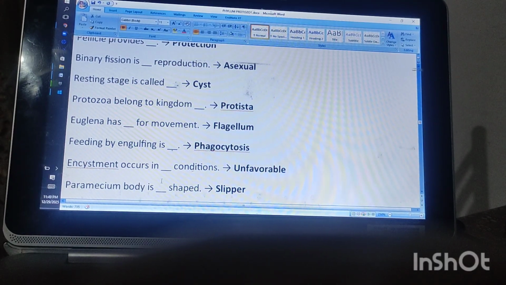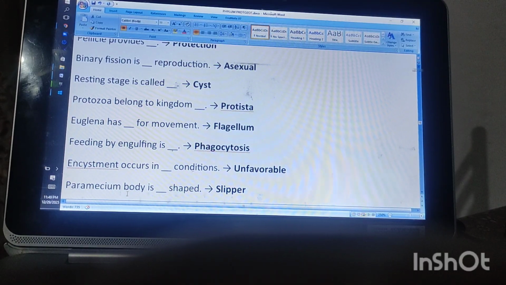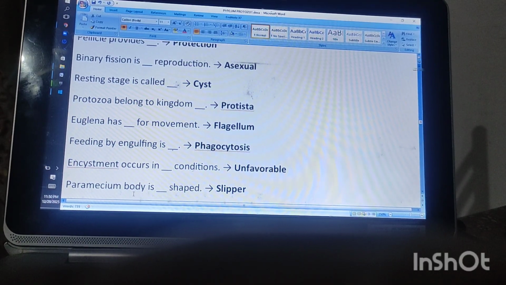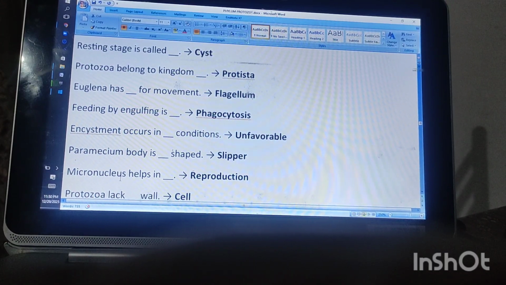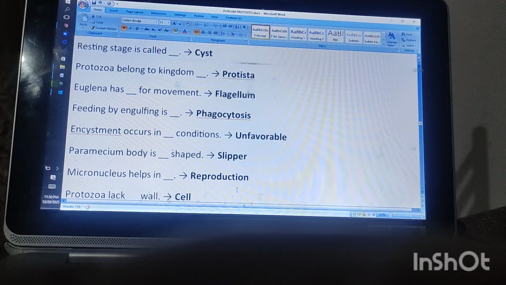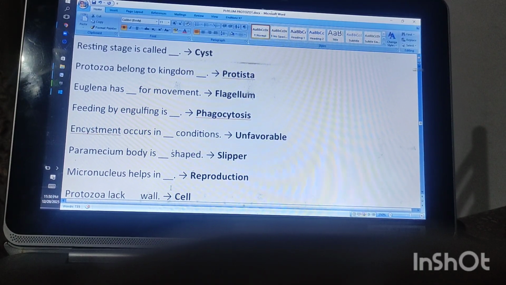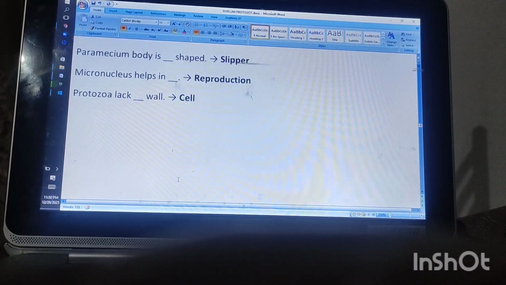Encystment occurs in dash condition, unfavorable condition. Paramecium body is dash shaped, as we knew before, slipper shaped. Micronucleus helps in reproduction. Protozoa lack dash wall, cell wall.